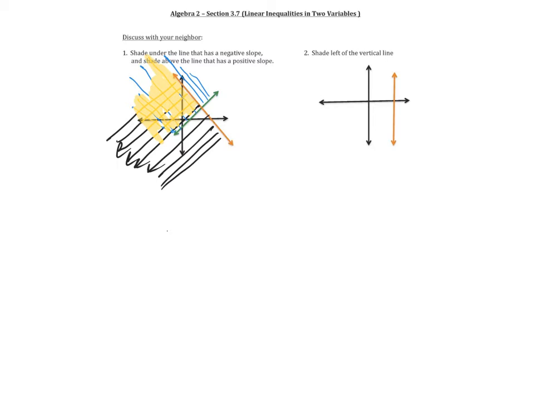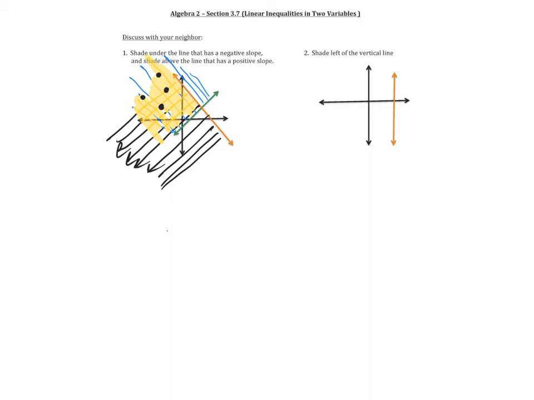Any point that's inside here is a solution. All those points that I just drew in there are solutions to this linear inequality. So basically we have under the negative slope line, above the positive slope line. The question is, what points work for both of those lines?